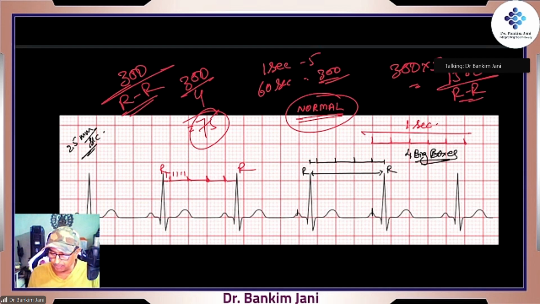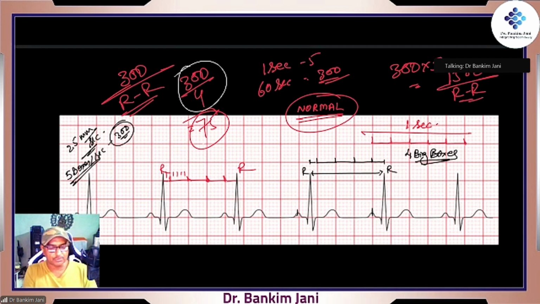So in 1 minute, 60 into 5, 300 boxes. So when we want to find out how many beats, 300 divided by big boxes, that's what we have written over here. 300 divided by 4 big boxes comes to 75. So that's the heart rate.